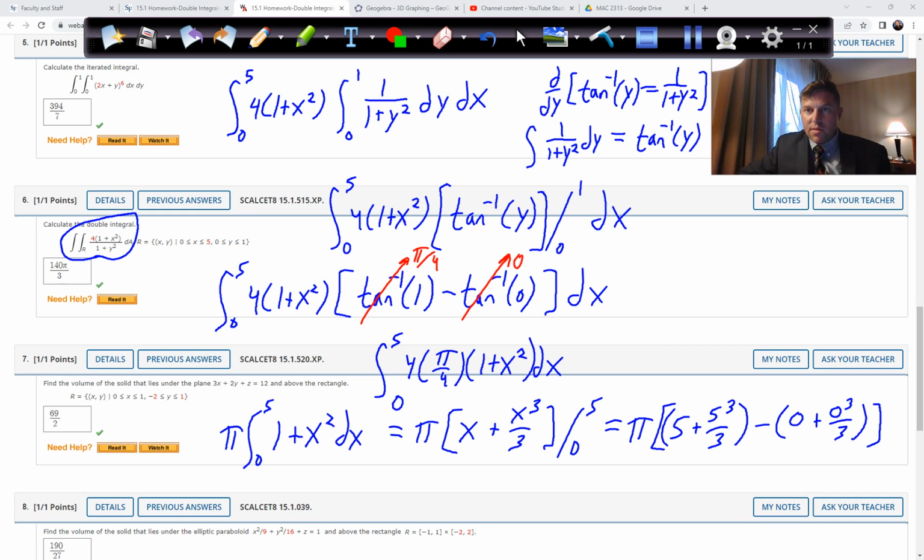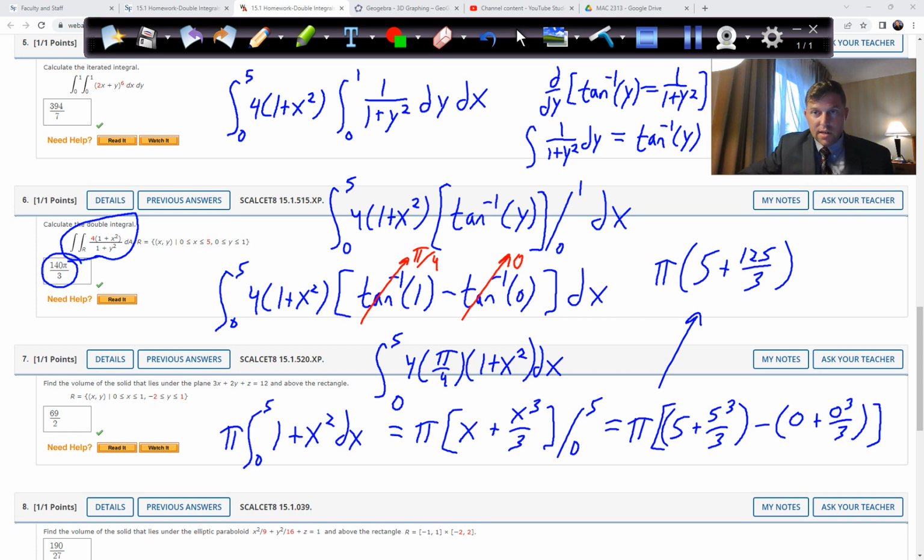Which means the only thing that's going to be left over is pi times the quantity 5 plus 125 over 3, which is 15 over 3. Added to the 125 would be 140 times pi over 3, 140 pi over 3. So that would be the answer there.